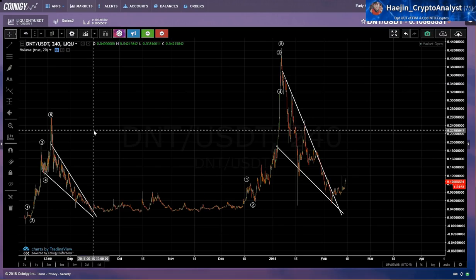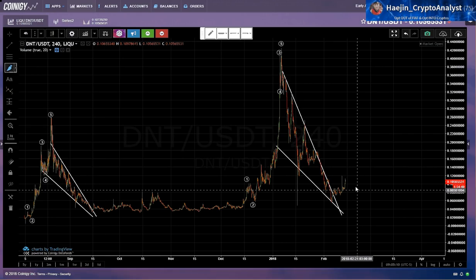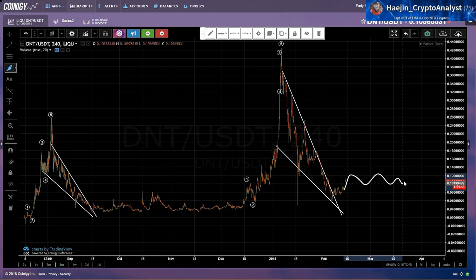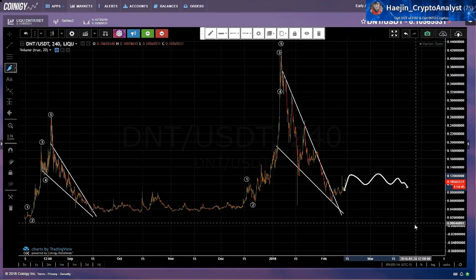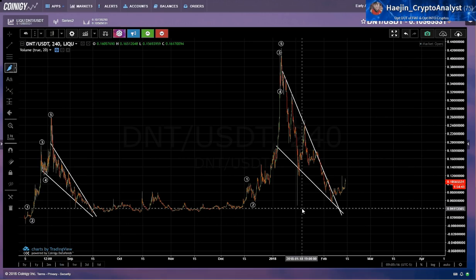So it might go sideways for quite a while. That's one way to look at it. But for what we have right now, we could look at this as a breakout.